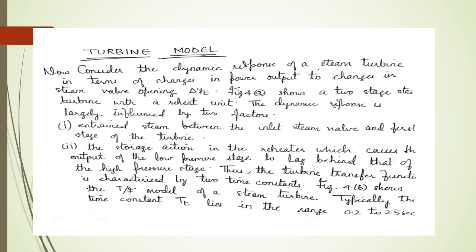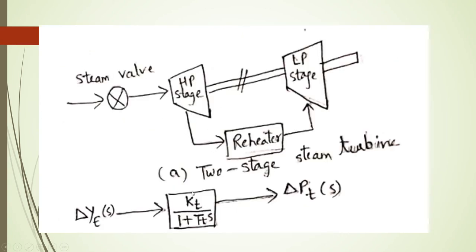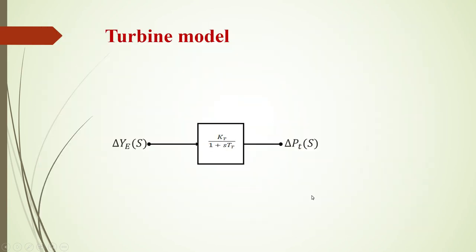So the turbine transfer function is characterized by 2 time constants. Typically the time constant TT will lie in the range 0.2 to 2.5 seconds. The transfer function model of the steam turbine is shown here: KT by 1 plus TTS, with input delta YE of S and output delta PT of S.